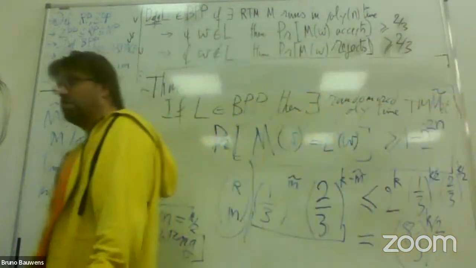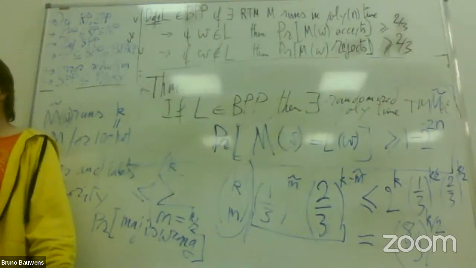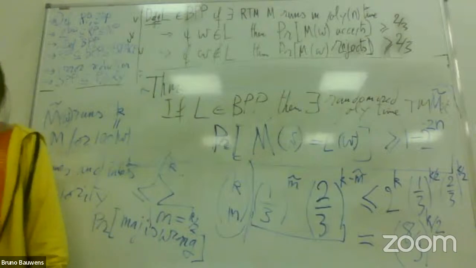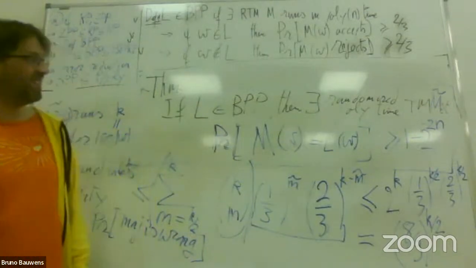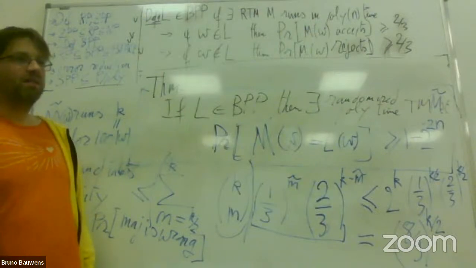We don't care about an error probability of 10 to the power minus 100. If we replace the 2/3 with 1/2 plus epsilon, the theorem still works.